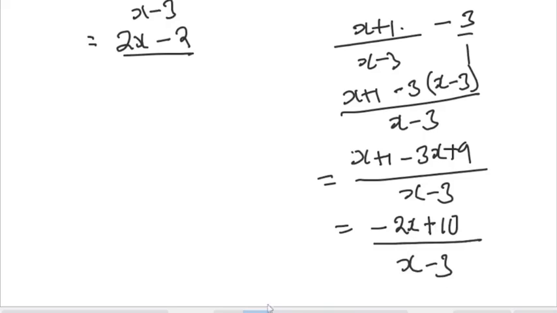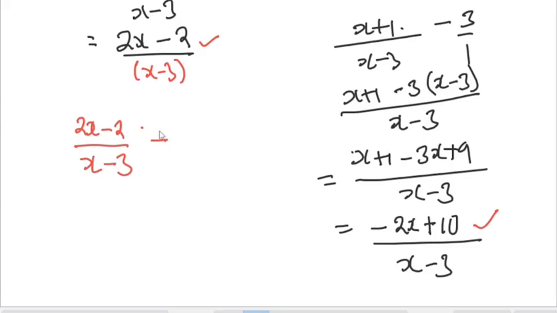So from here we can proceed where we take this numerator over this denominator. So we'll say we have 2x minus 2. Okay, so this one here, it was over x minus 3, sorry for not including it. 2x minus 2 over x minus 3.